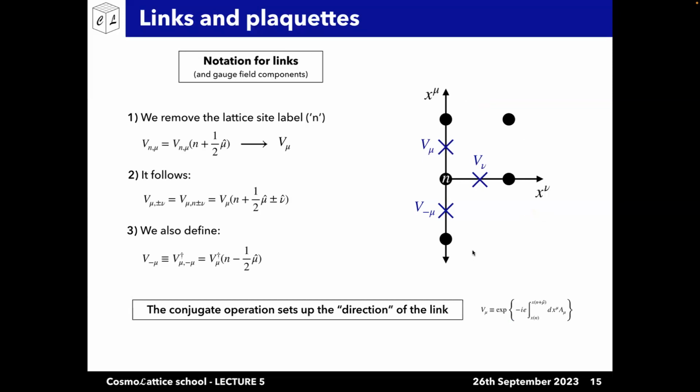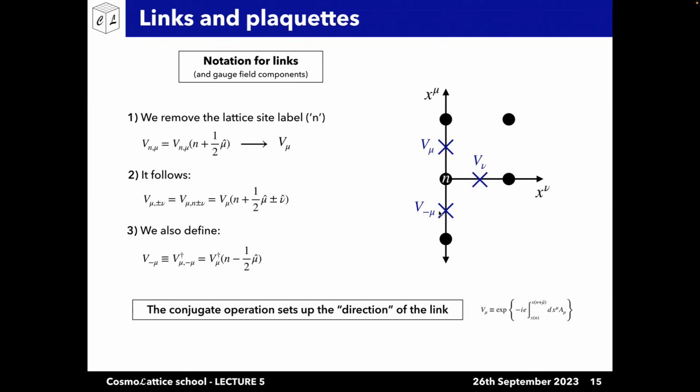Another important comment is that the conjugate operation sets the direction in which the link is going. Okay? Because the link as it is defined is going from the point n to the point n plus mu. So if we conjugate this, it's like going from the point n plus mu to n. Right?